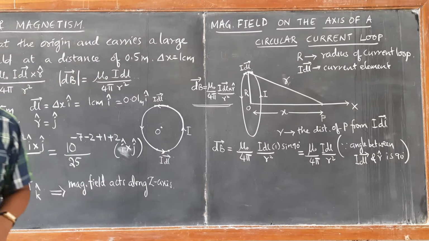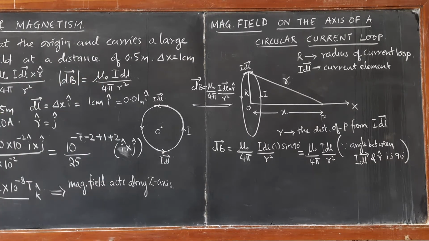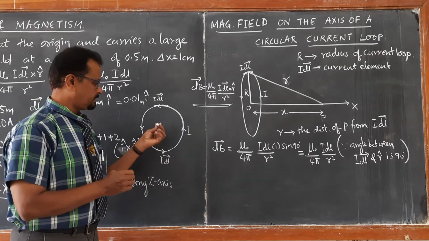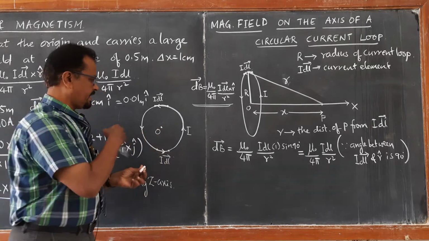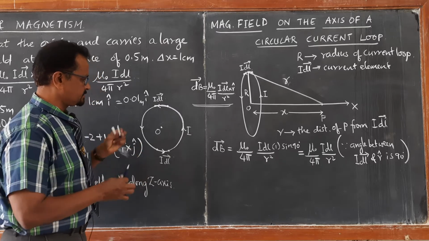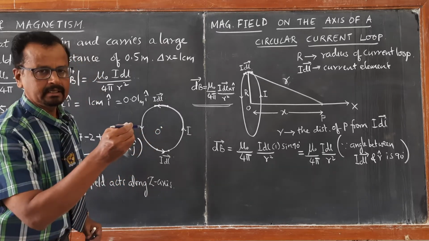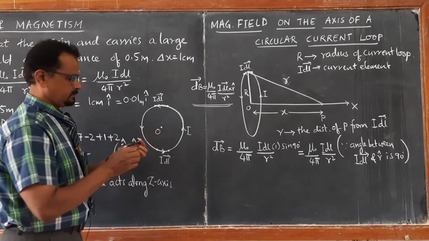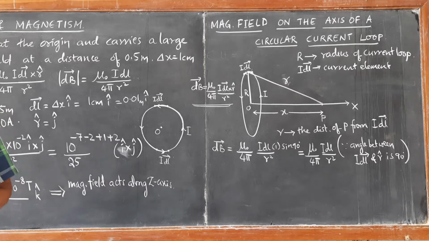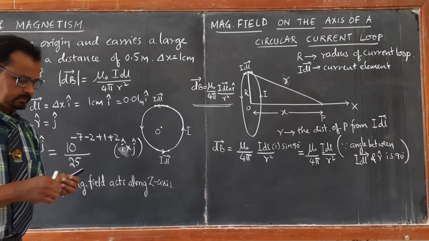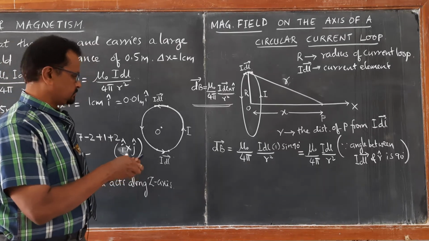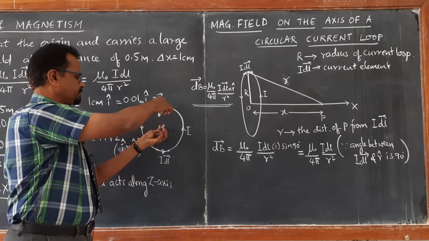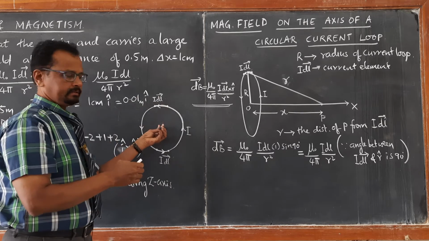To understand this, this is the circular ring and this is the perpendicular distance, that is the axis of the ring, and somewhere on the axis you want to find the magnetic field at this particular point.